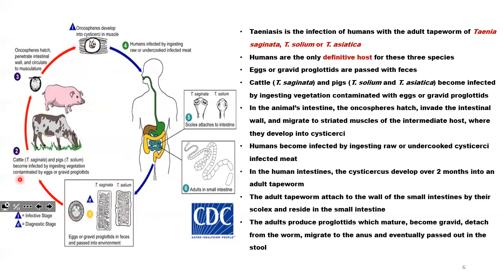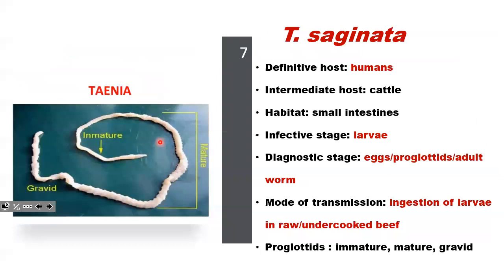Okay, so you have eventually a GI infection. If you have a GI infection, what sample are you going to send to the lab? Stool sample, very good. Now, just a quick summary as regards Taenia saginata. We all agree that humans are the definitive host because the adult worm is found in humans.